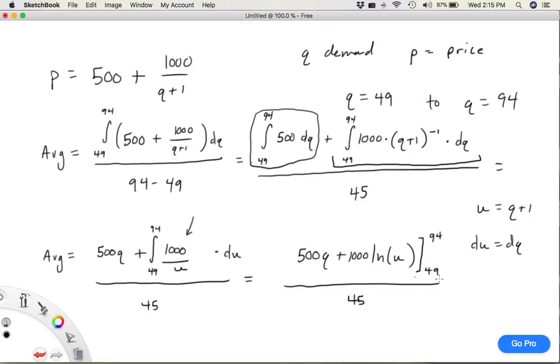So then we just get out our calculator and we evaluate this function, 500q plus 1,000 ln of u, at 49 and at 94.